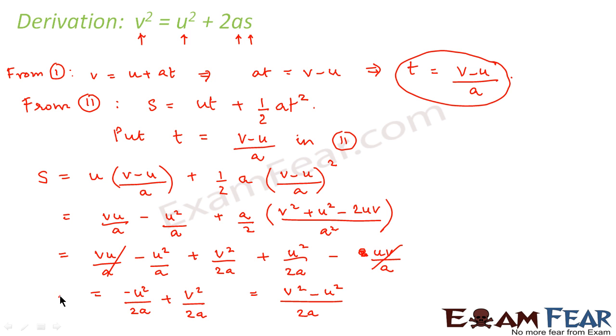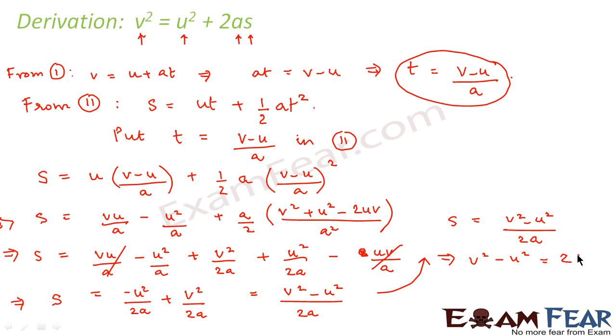Therefore, and this is s. LHS is always s. So what do we get? We get s is equal to v square minus u square by 2a. So this gives v square minus u square is equal to 2as, or v square is equal to u square plus 2as.